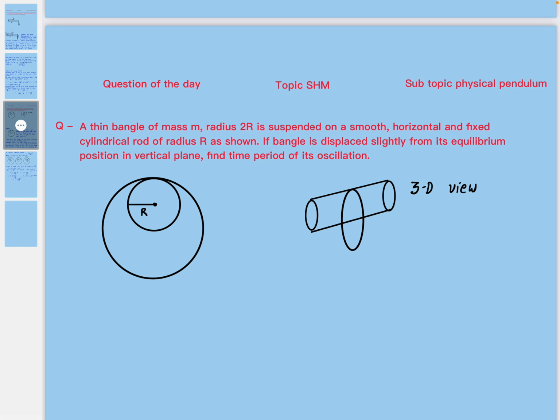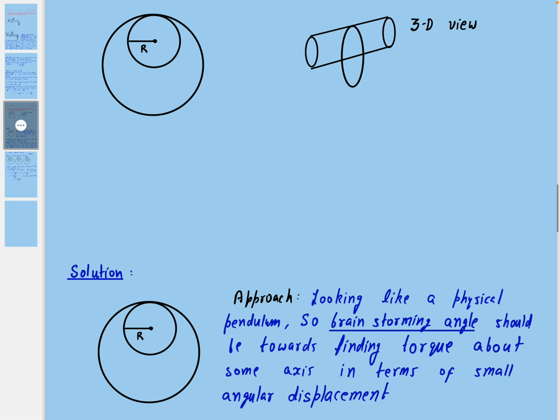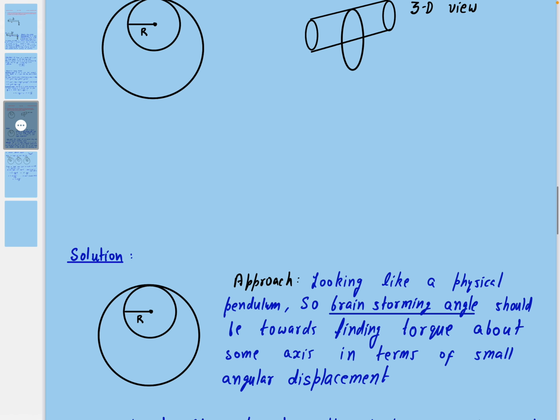Now let me explain the solution. First, the approach. What should be the approach? The system looks like a physical pendulum, and our thinking should be towards finding torque about some axis and relating that torque with the angular displacement.